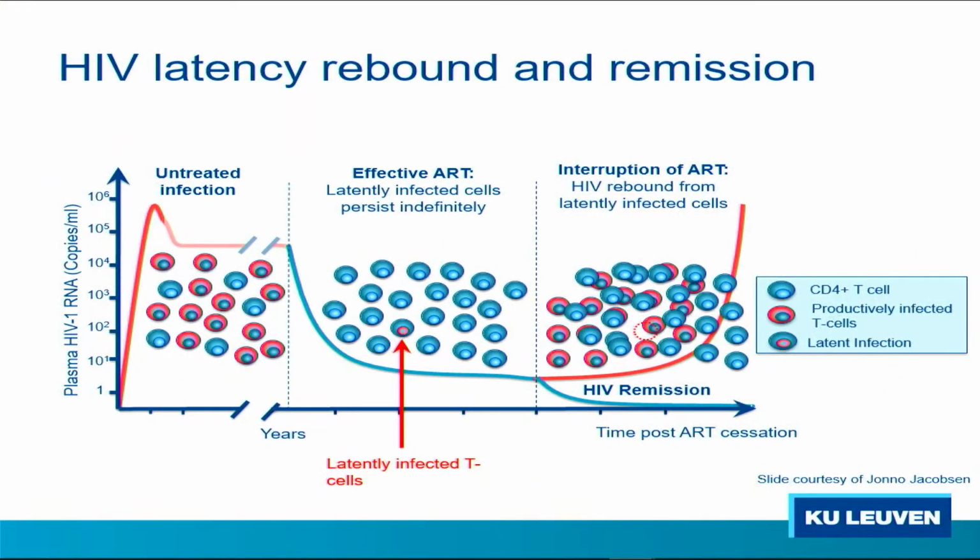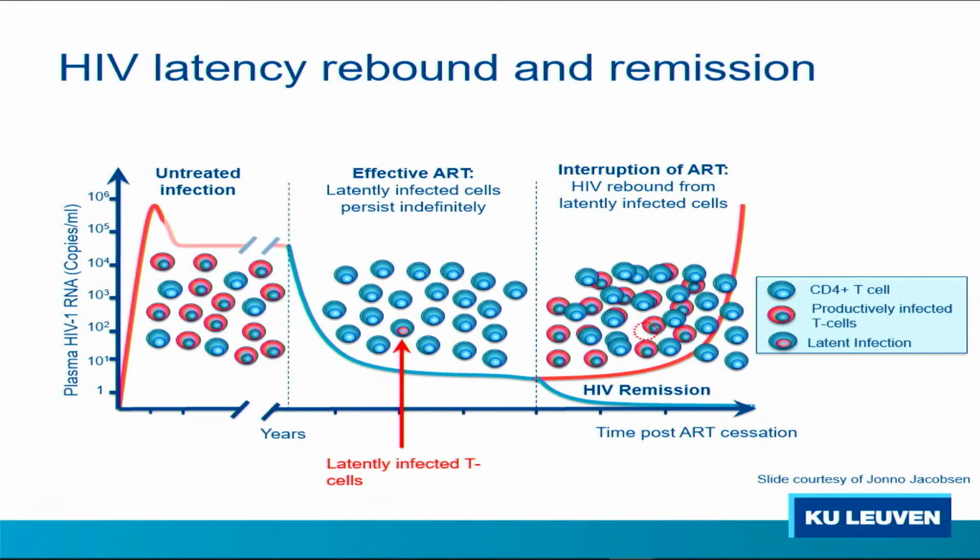And that's then the final stage: if you stop the treatment, the memory cell that recognizes its pathogen will be activated, and then also the provirus will be activated. So if you stop the treatment of a patient, in a couple of weeks or months, the virus rebounds and he gets productively infected cells again.